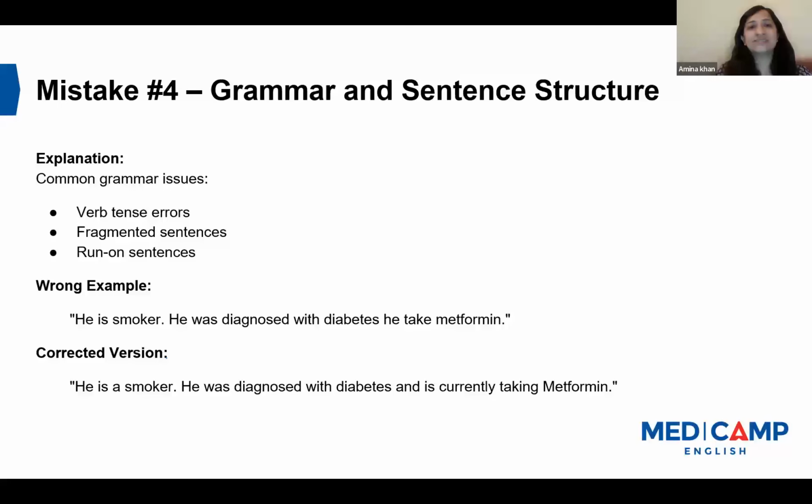For example, if you are saying something about the history of the patient, you need to state that in the past form. If you are talking about the current conditions, say it in the present form. And if you are going to suggest something for the future, obviously we have to say it in the future tense form.